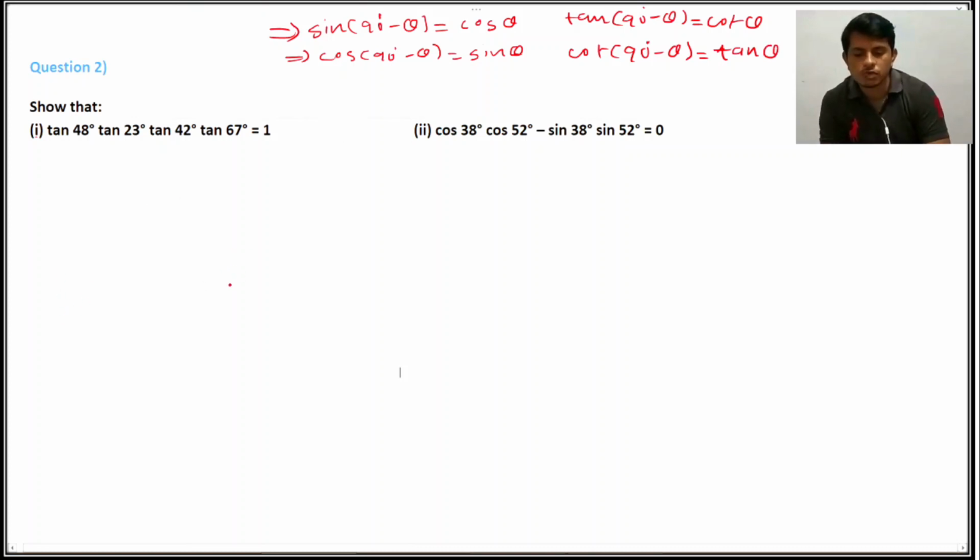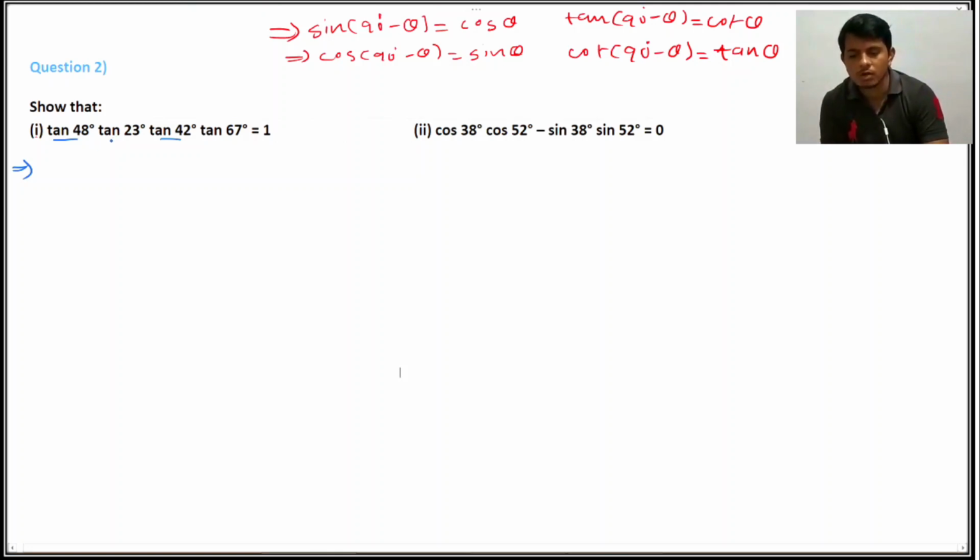First of all, let me solve the first question here. In the first question we have tan 48 degree and tan 42 degree. Here we see that 48 degree plus 42 degree equals 90 degree, so we can easily use the formula for trigonometric ratios of complementary angles.